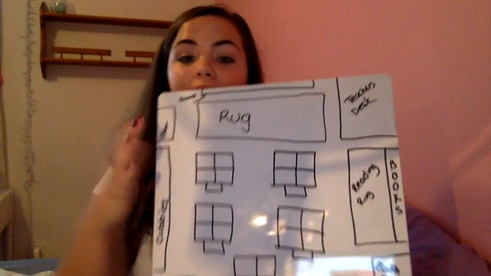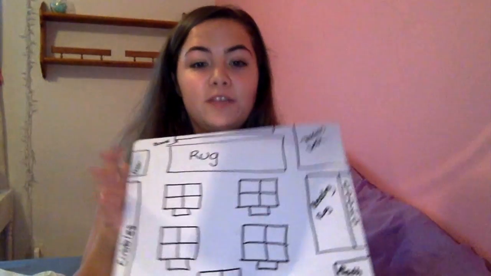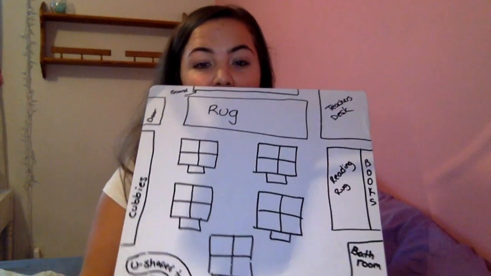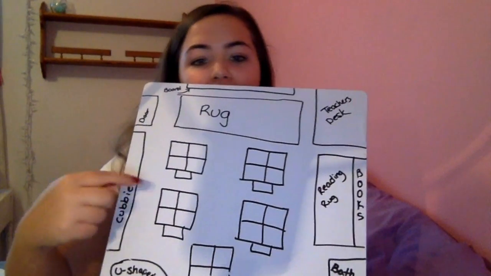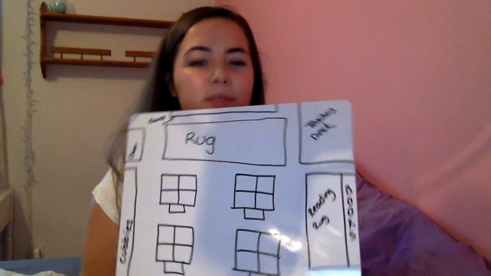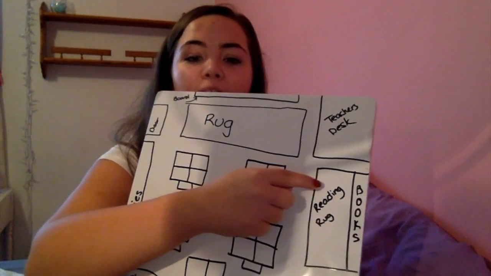Having them in different places, kind of far away, will keep them from getting distracted by the other groups. If these kids are on the rug, they can't bother these kids over here. The kids at the desks might be able to bother the kids in the library, but not as easily as if you had one here and one here.